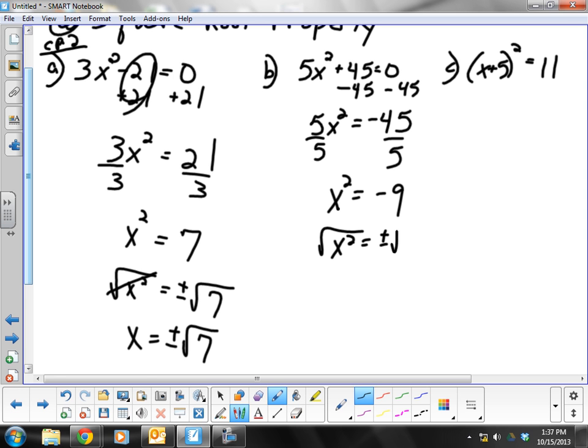And anytime I take the square root in order to solve something, I've got plus or minus. So this becomes x is equal to, now this time I can get rid of the square root symbol. Because the negative comes out as i, and the 9 comes out as the square root of 9, which is 3. So I get positive and negative 3i.